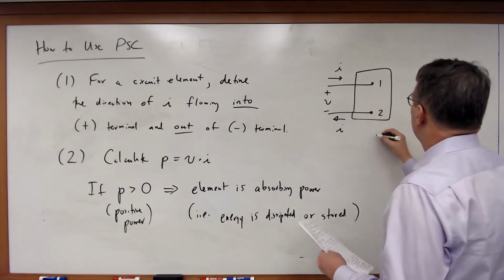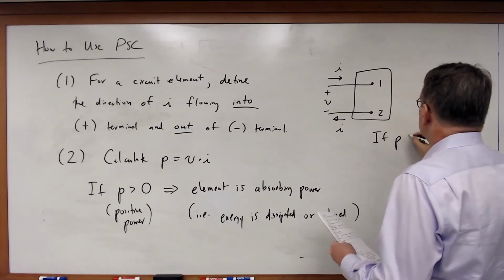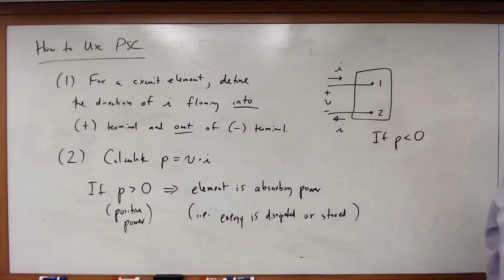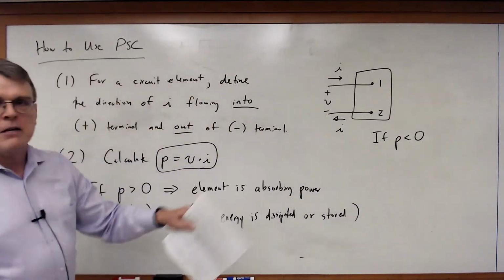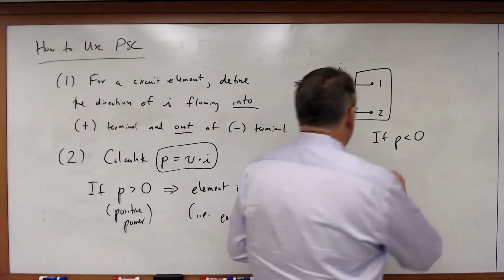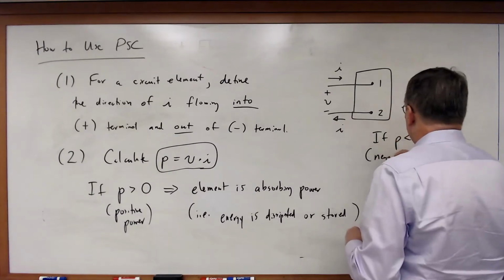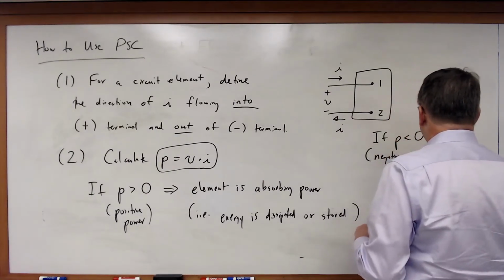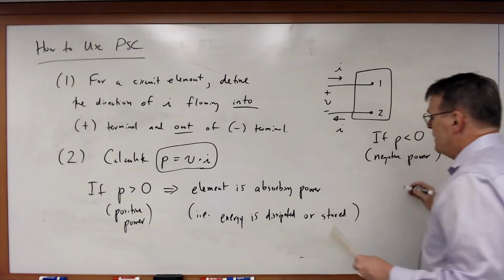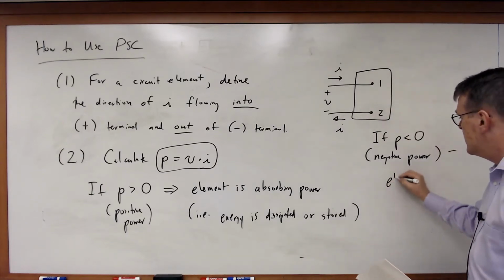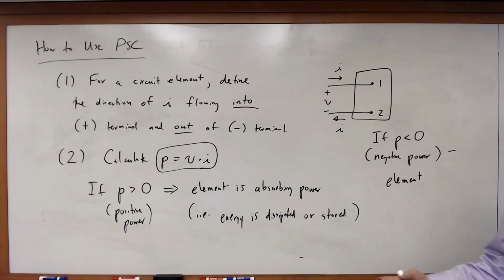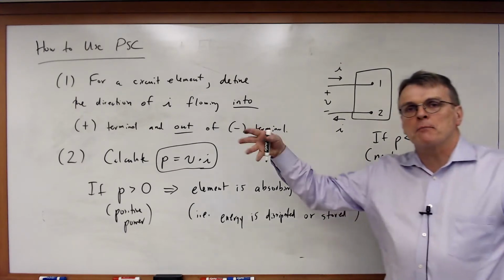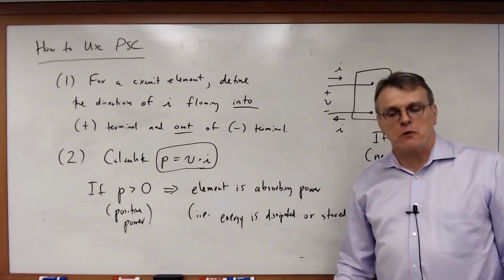What if P is less than 0 once we do this calculation? In that case, we have negative power. And in this case, what we say is the element is generating power and it is supplying it to other elements in the circuit.